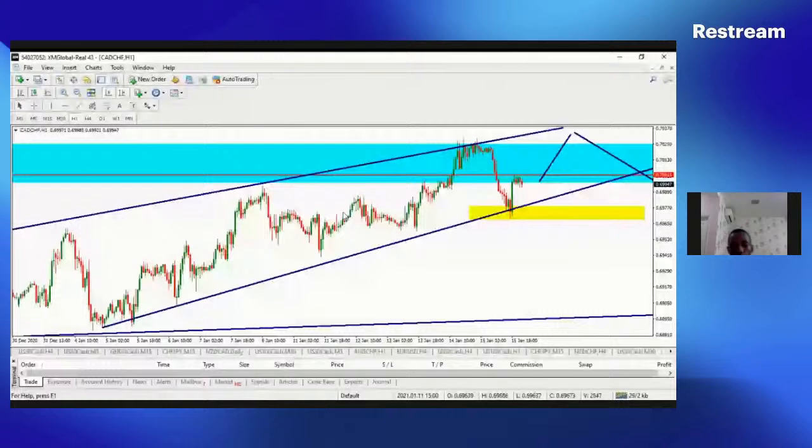GBP JPY. Okay, I'm going to do that. Let me. Some people are saying they're having load shedding issues, but I'm going to try my best.